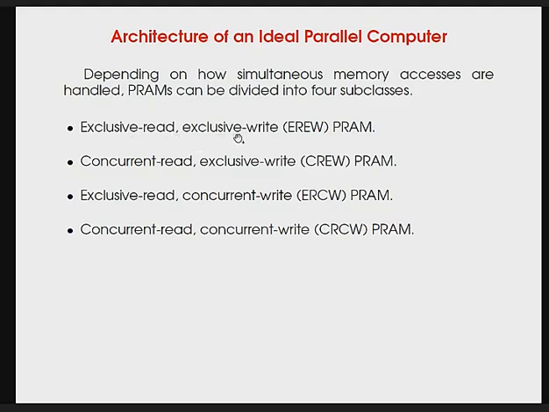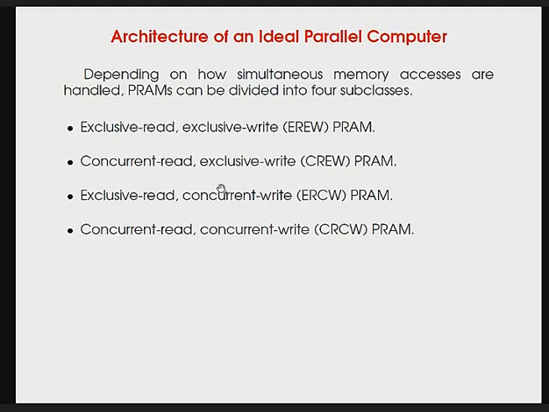Now see, in the first class, exclusive read and exclusive write, there is no concurrency. In the second class, multiple concurrent read accesses to a memory location are allowed due to concurrent read. In the third class, concurrent write is there, so multiple write accesses to a memory location are allowed. And in the fourth case, multiple read and write accesses to a common memory location are allowed.